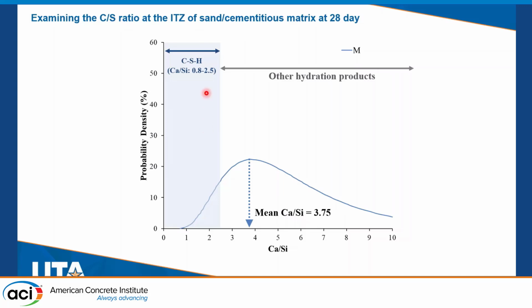But for CSH, the calcium to silica ratio varies between 0.8 to 2.5. A lower C/S ratio indicates polymerization of the silicate chains, and a C/S ratio beyond 2.5 is because of the other hydration products which are present at the ITZ.